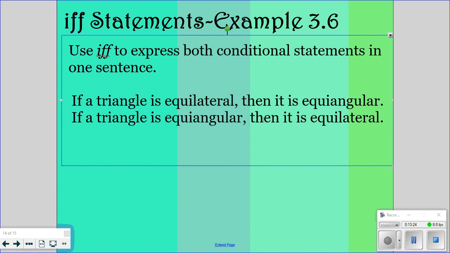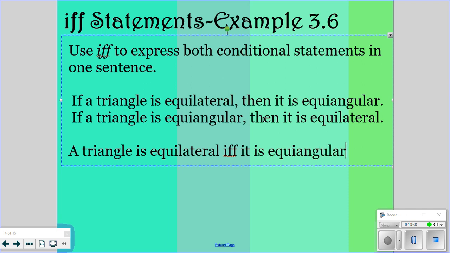So the way that you put those two into one statement: a triangle is equilateral if and only if it is equiangular. And that is your biconditional, your if and only if statement. You could have said a triangle is equiangular if and only if it is equilateral. You could have used either one of them. It doesn't matter which. But that is your if and only if statement.